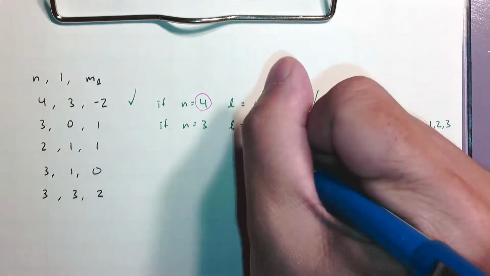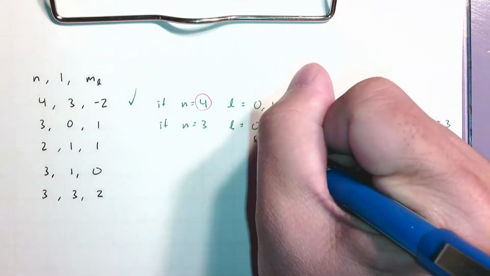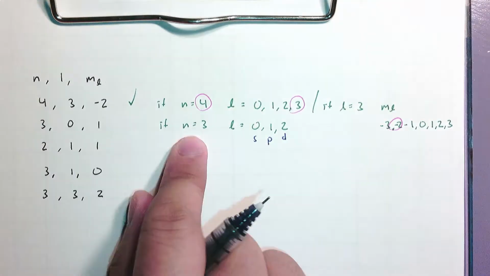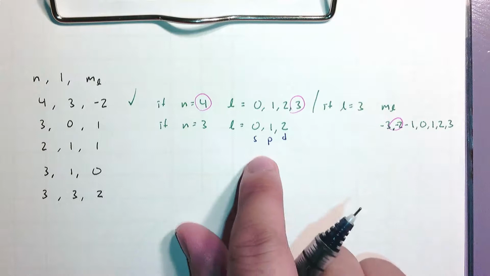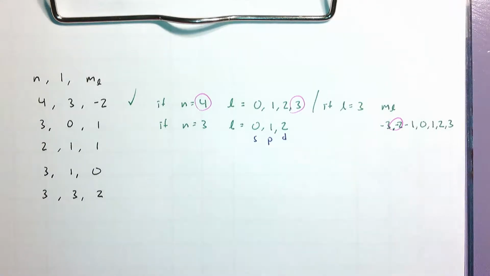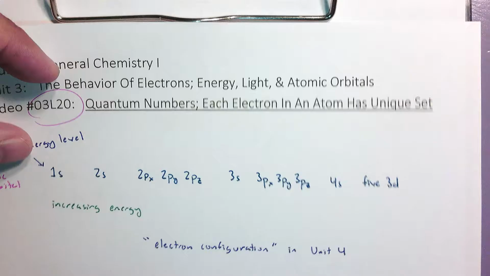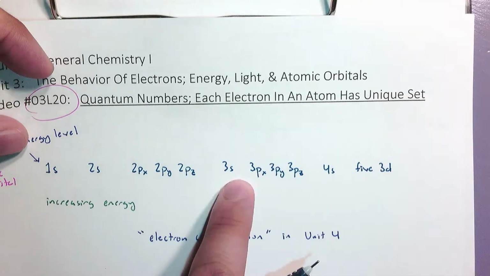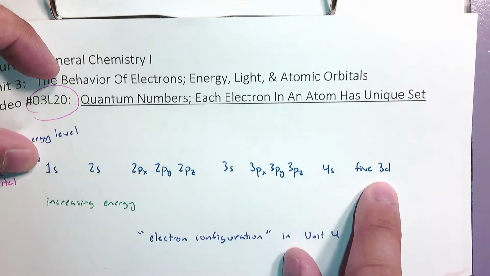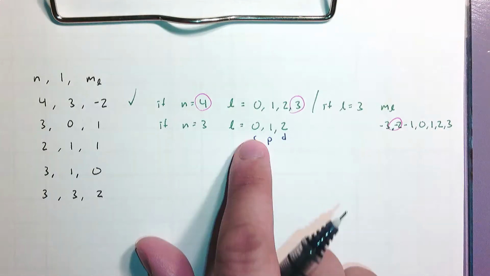They represent the s orbital, the p orbital, and the d orbital. So yeah, in energy level 3, there is an s orbital. Again, in energy level 3, we have s orbitals, we have p orbitals, and we have d orbitals. There are 3 types of orbitals. That's why there are 3 possible L's.